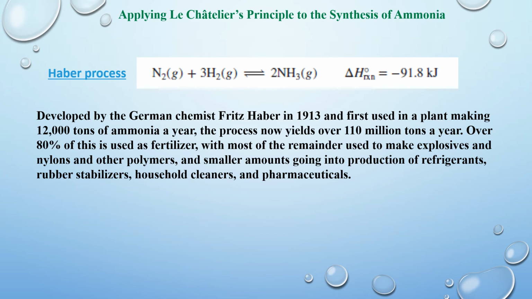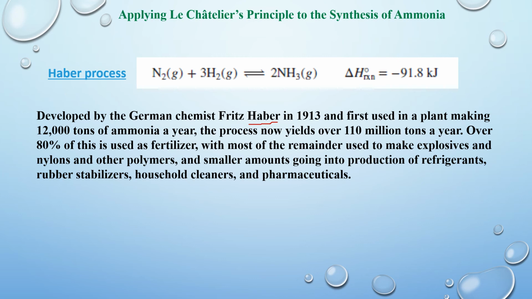So let's use a case study to better understand this Le Chatelier principle and its application in the synthesis of ammonia. The synthesis of ammonia dates back more than 100 years, to 1913. A German scientist, whose last name is Haber, developed it, so we also call this process the Haber process.